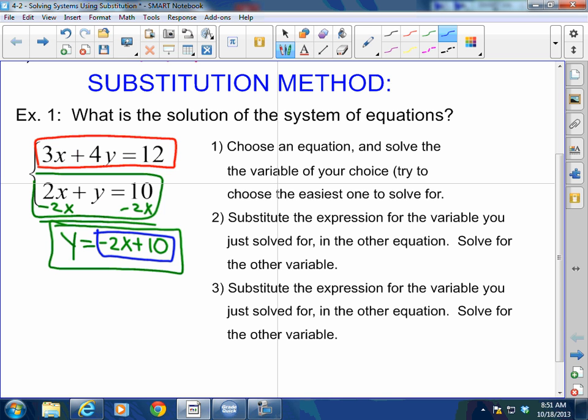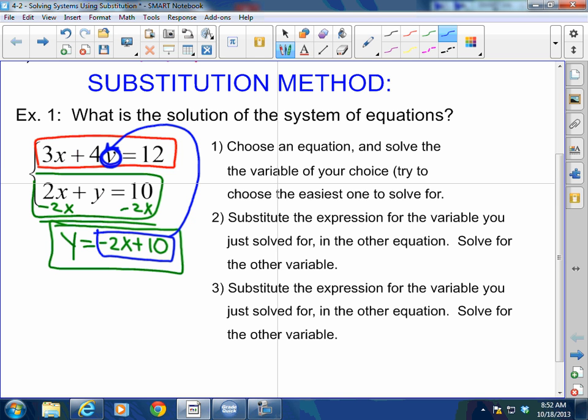So I can take that y value and I can literally plug it in to the y of the other equation. Does that make sense before we do the math? What I'm doing here, what I'm substituting, what I'm replacing. I know that y equals negative 2x plus 10. Well, okay, then that means that this y here also equals negative 2x plus 10.